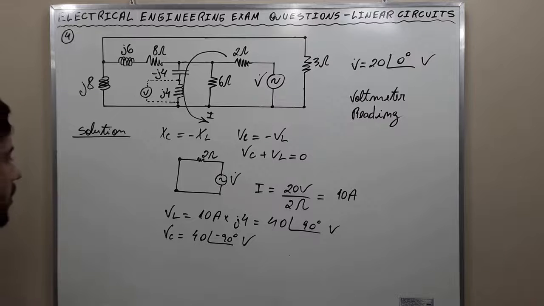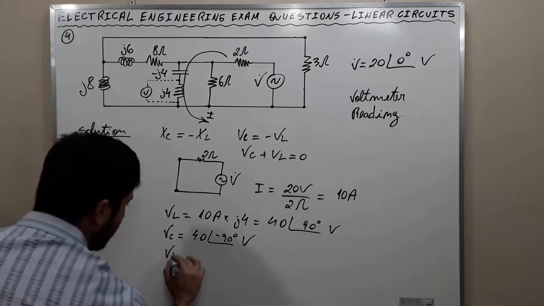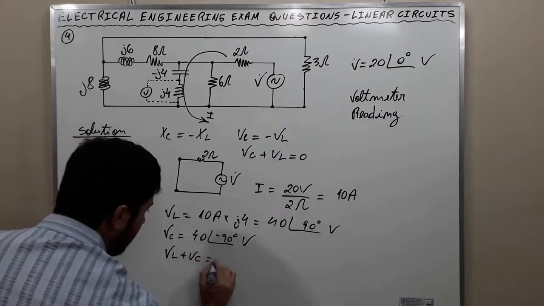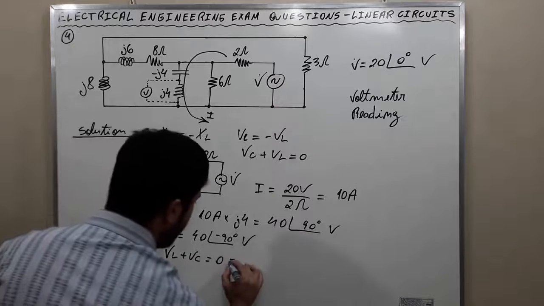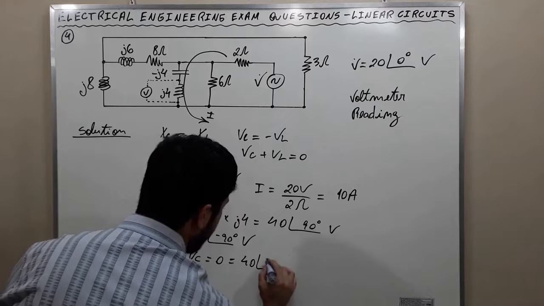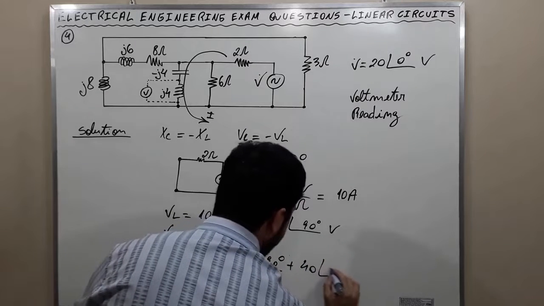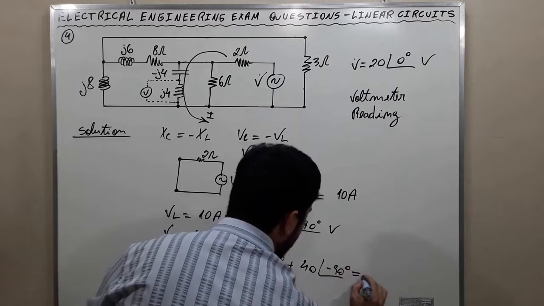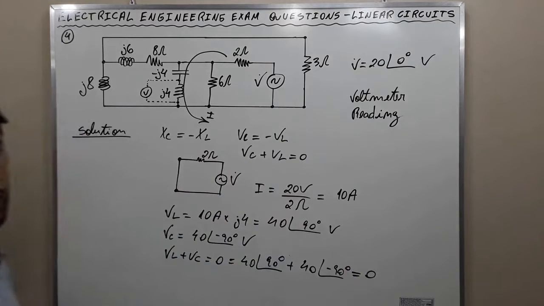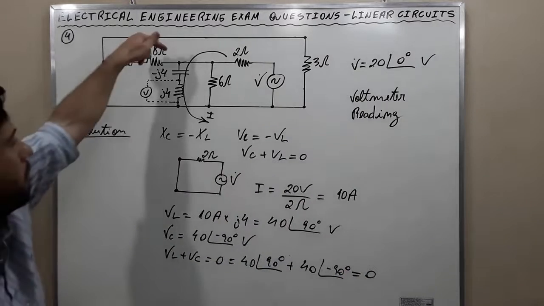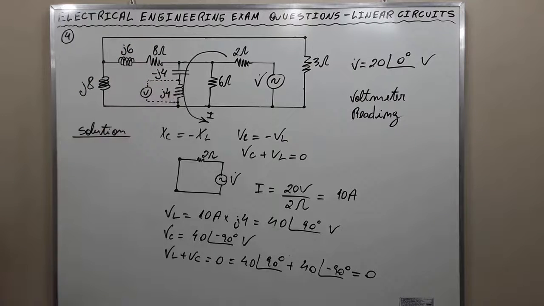And together they are equal to 0. VL plus VC are equal to 0, which is 40 phase 90 degrees plus 40 phase negative 90 degrees, which is equal to 0, okay? Because of the short circuit here.